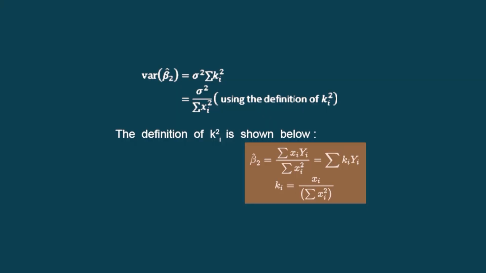So we start with the very basic step, which is beta 2 hat is the summation of ki yi. This is already done in the case of the estimated value of the coefficient, where ki is the weight given by xi by summation xi squared, and yi is in capital letter, because this yi was taken from small yi when we derived the property of unbiasedness.